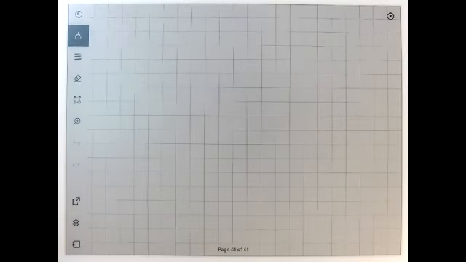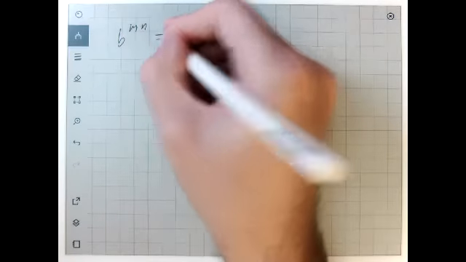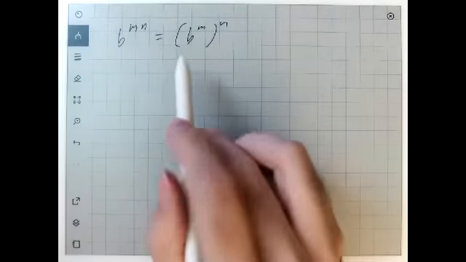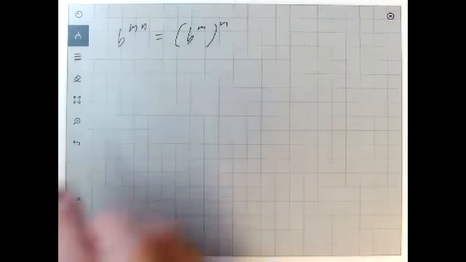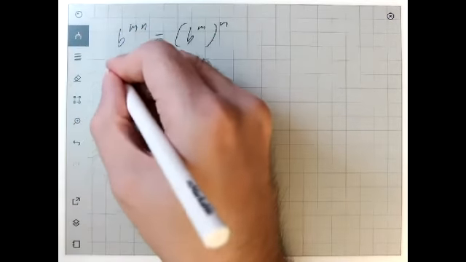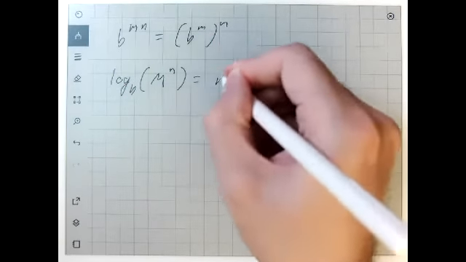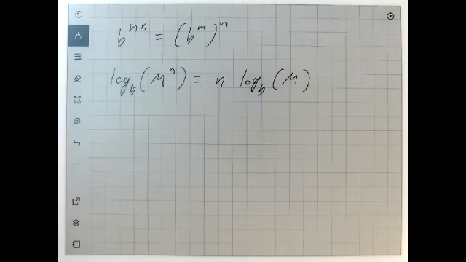Finally, using the power rule, exponents on your base turn into multiplication in the exponent, and exponents inside of the argument of a logarithm turn into multiplication outside the argument of a logarithm.